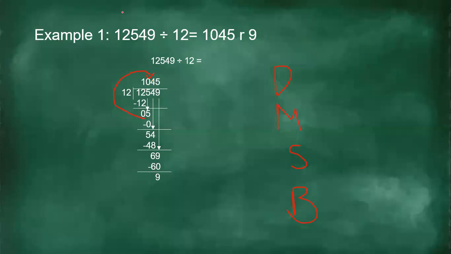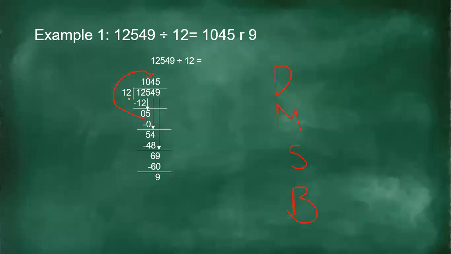Beautiful, beautiful explanation. Let me go through it for people who have not been here. What we're doing is following a process of dividing, multiplying, bringing down. First things first, you have 12 and 12 must divide 12,549.